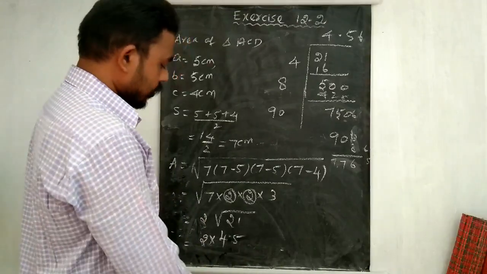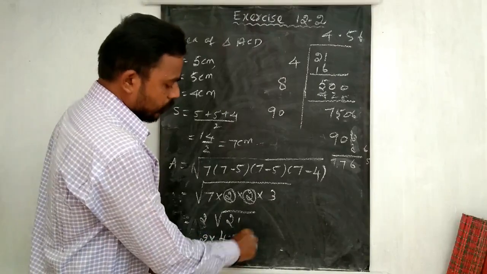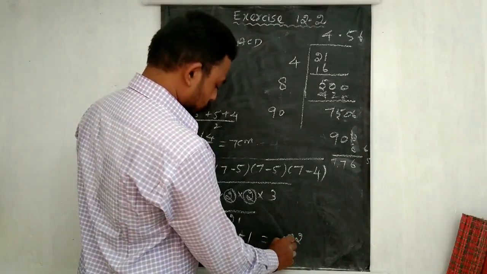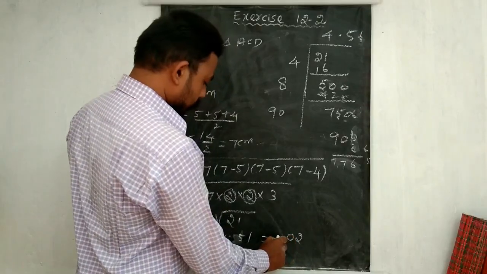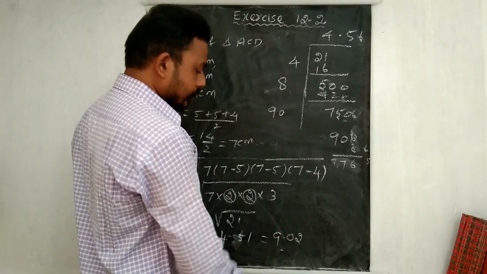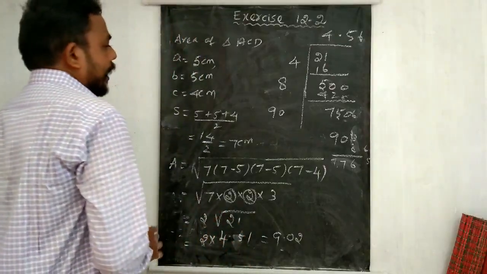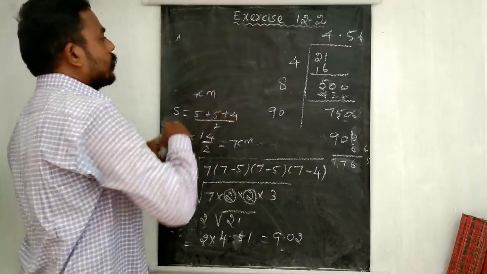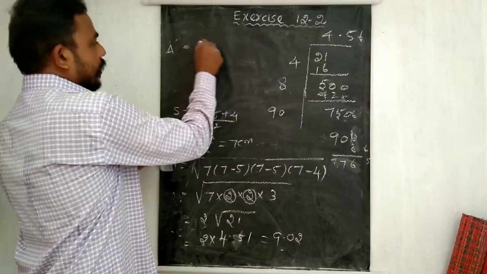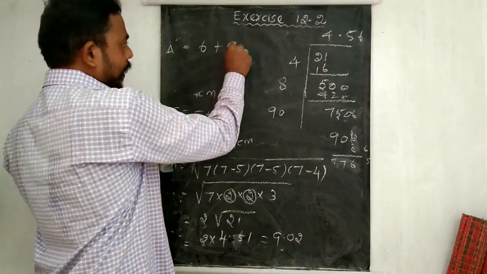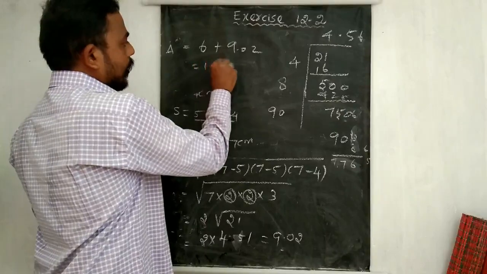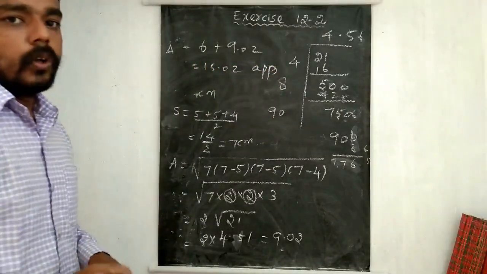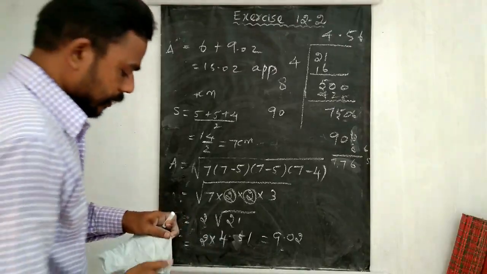This equals 9.02. So you can add: the area of the whole quadrilateral equals the first one, 6 plus 9.02, so 15.02 approximately. The previous value is also approximate, and this is also an approximate value.